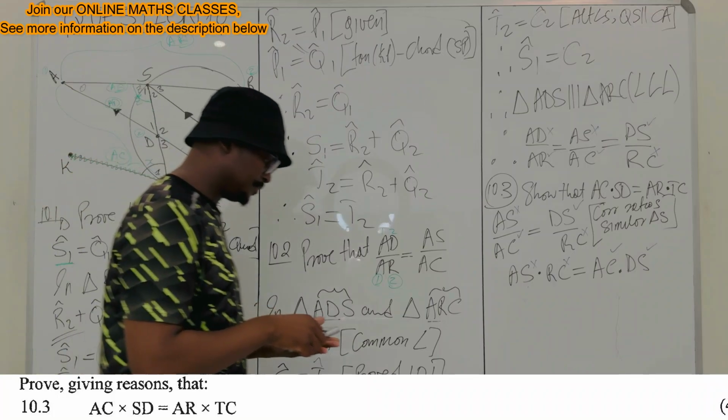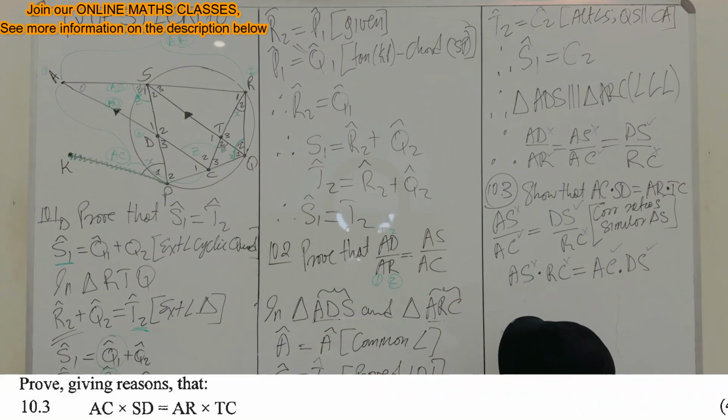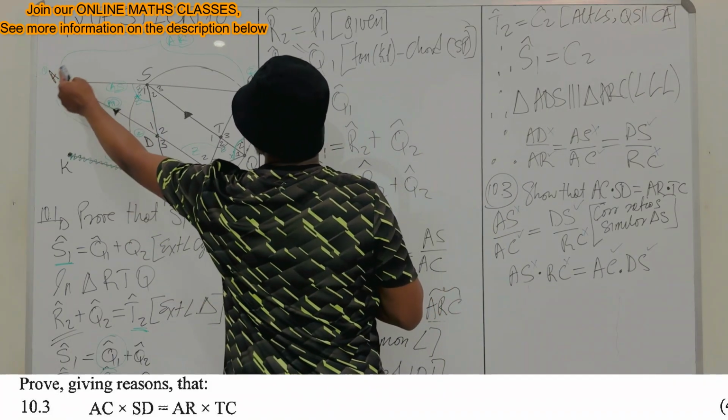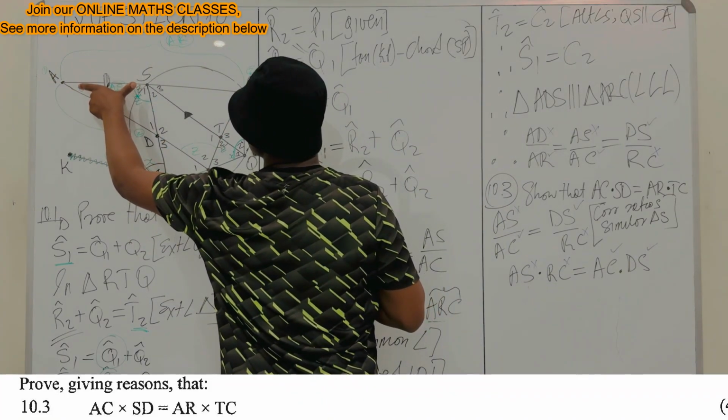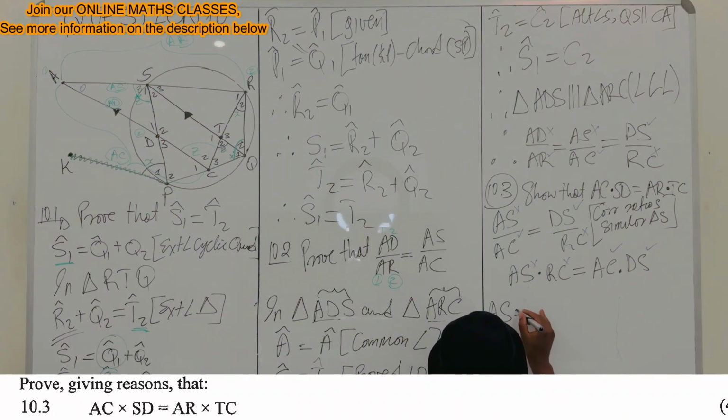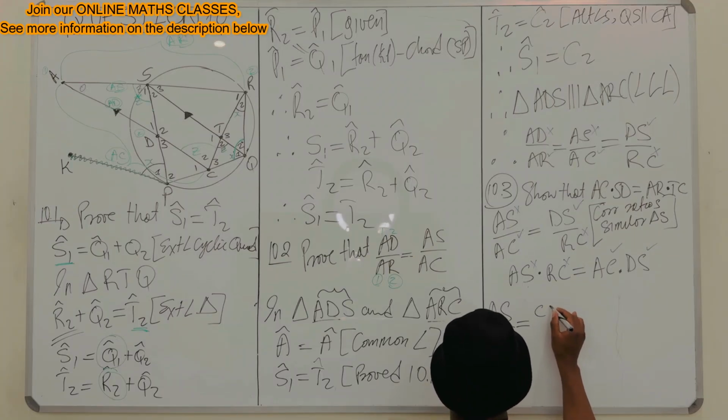So what we have is AS over AR, which is this small part over the entire side, is equal to your CT over CR.